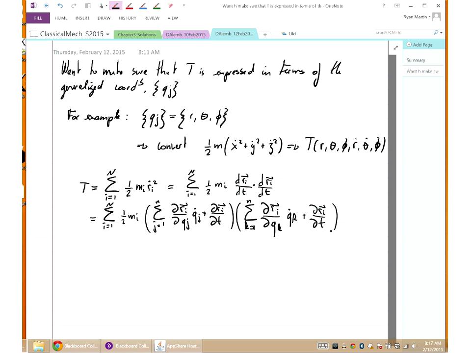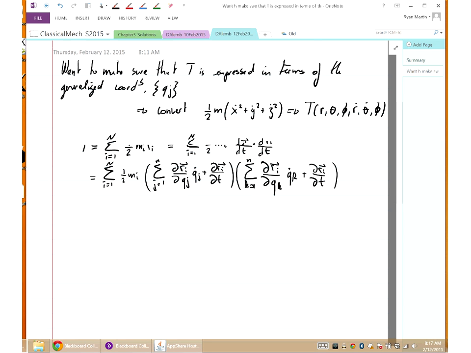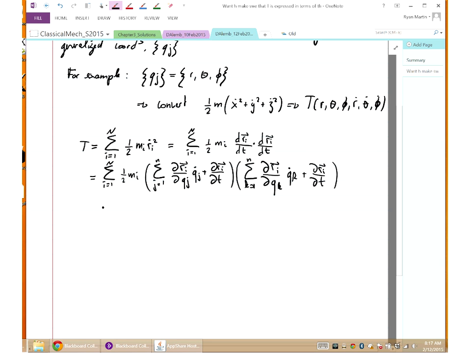So now I have the sum plus a term times the sum plus a term. And so that's the messy part.